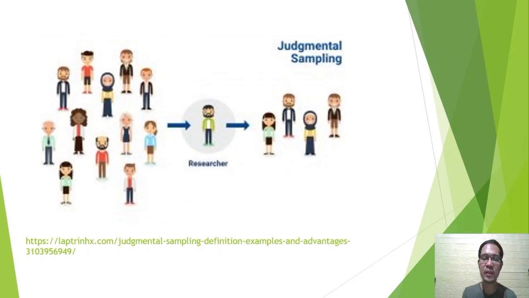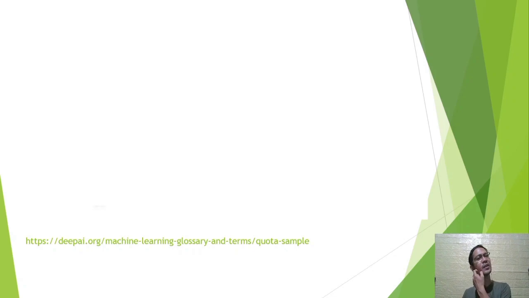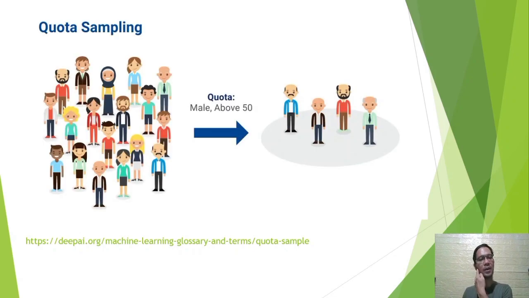In addition, we also have what we call quota sampling. What is quota sampling? Quota sampling is one in which units are selected into the sample on the basis of pre-specified characteristics so that the total sample has the same distribution of characteristics assumed to exist in the population being studied.